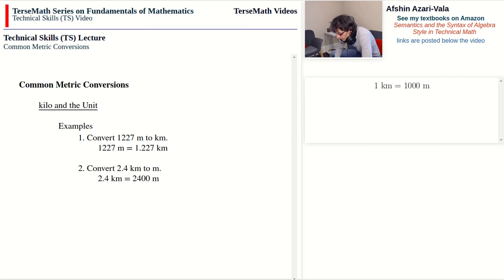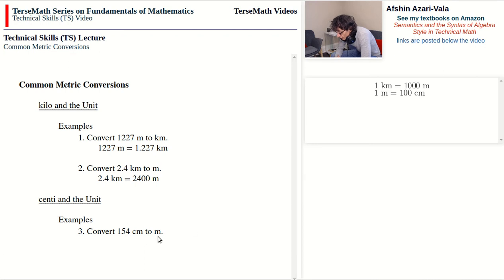The second relationship that's important to know is between the centi and the unit. So everyone should know that, for example, 1 meter is 100 centimeters. So as an example, converting 154 centimeters to meters, that would give me 1.54. And again, I know that because I'm going to a larger unit, so the number becomes smaller. How much smaller? 100 times.